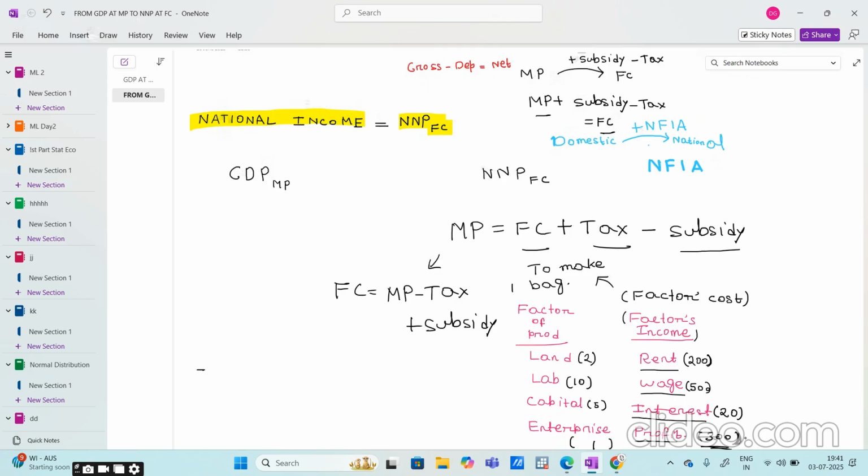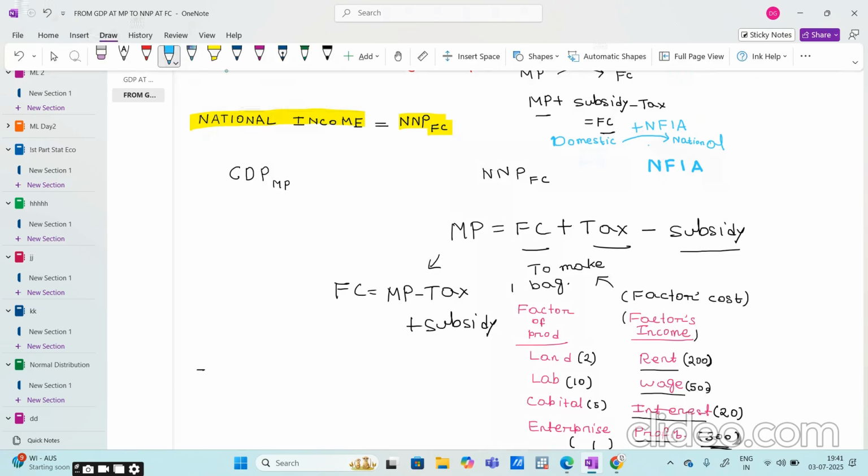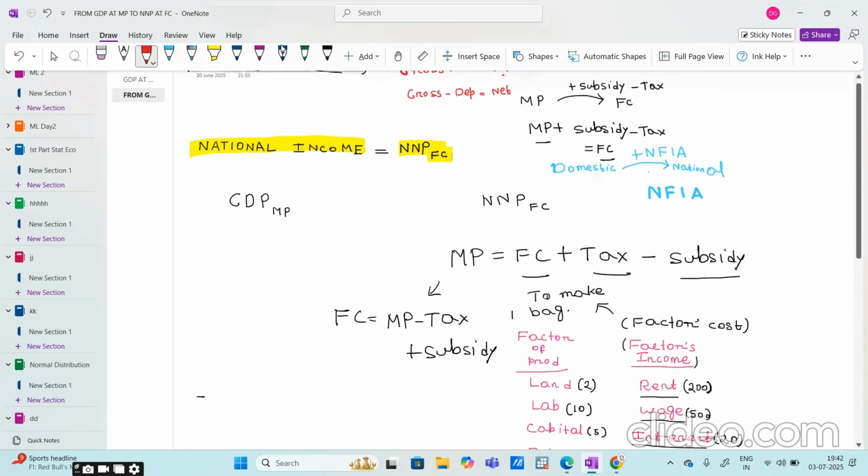Now the question that was actually given to us, that how to derive or how to get NNP at factor cost from GDP at market price. So we are going to derive that now. Let me go to the below part.